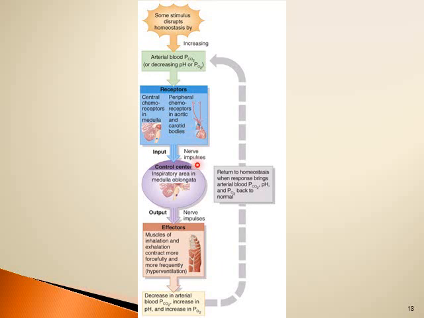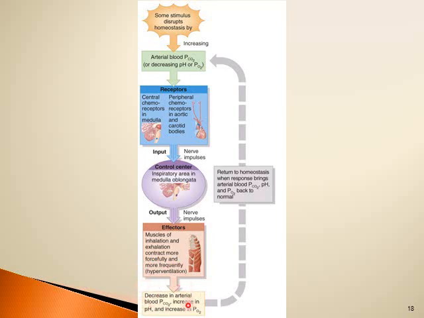So nerve impulses will be sent to the control center, which is the inspiratory area in the medulla oblongata, which in turn will send action potentials to the effectors. These are the muscles of inhalation and exhalation that will contract more forcefully and more frequently. And this is called hyperventilation.